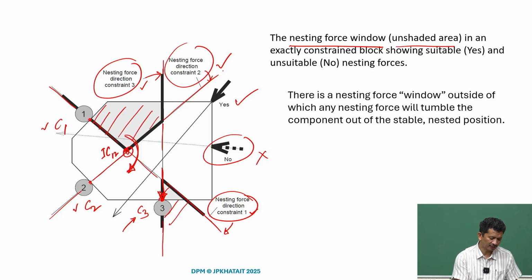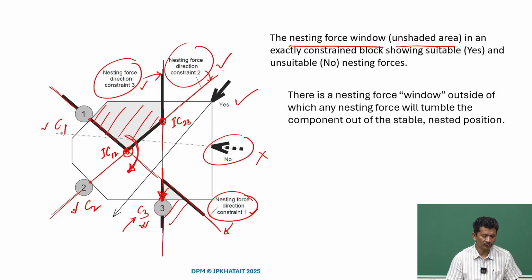Similarly, if we take C2 and C3 together, the intersection point will be here, which we can label IC2 3. If we try to rotate the object along IC2 3 and only consider contact C2 and C3, it can rotate.